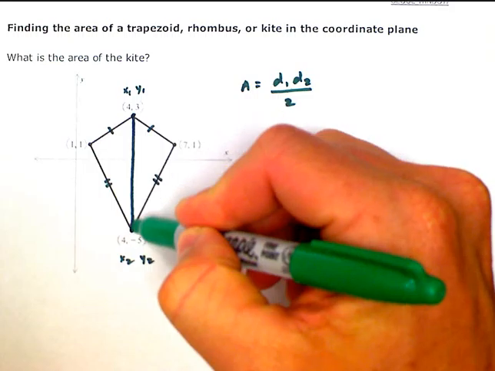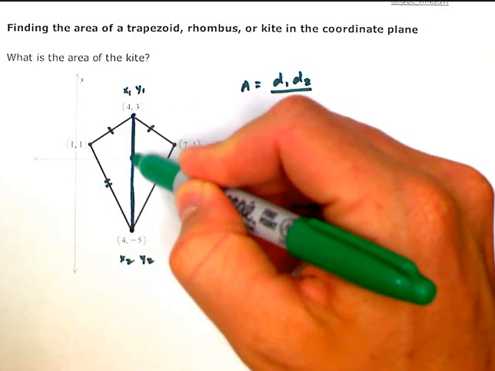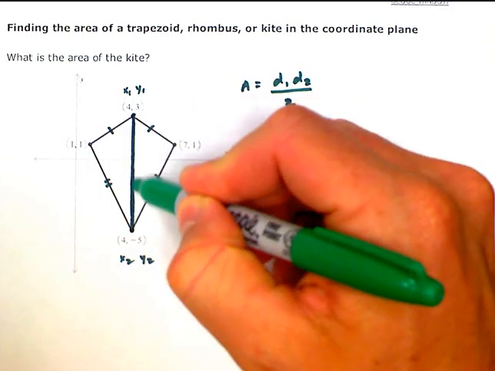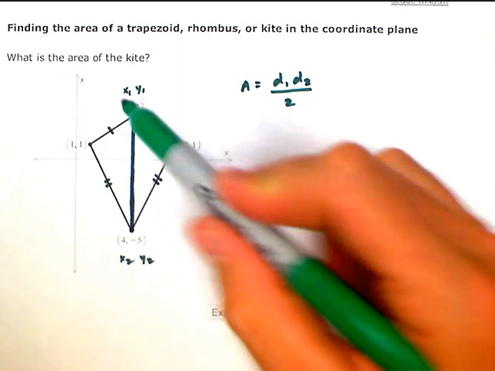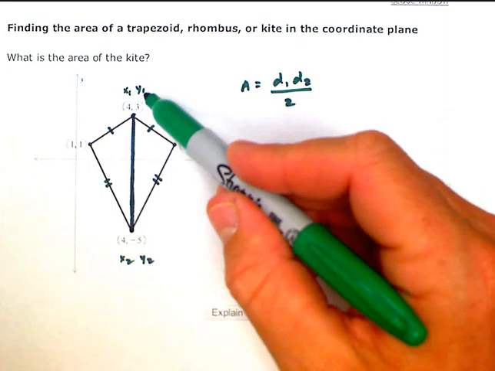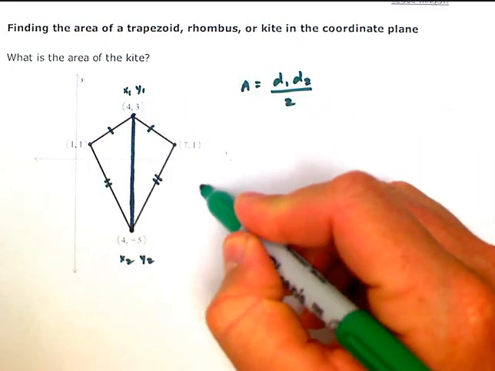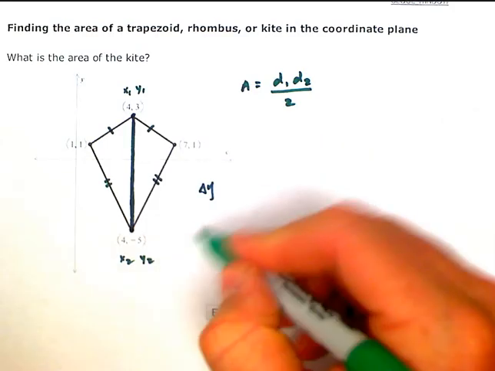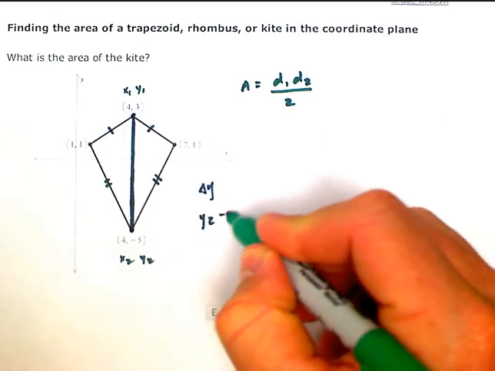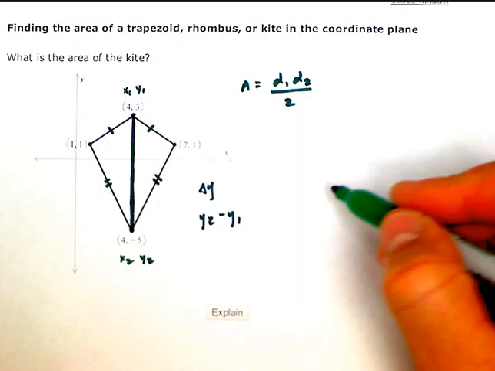So we're covering no horizontal distance there, and that's easy to figure out the length of this line by just doing the change in y. So we just want to find the change in y from these 2 points, which would be y2 minus y1, if we remember that from our slope formula.